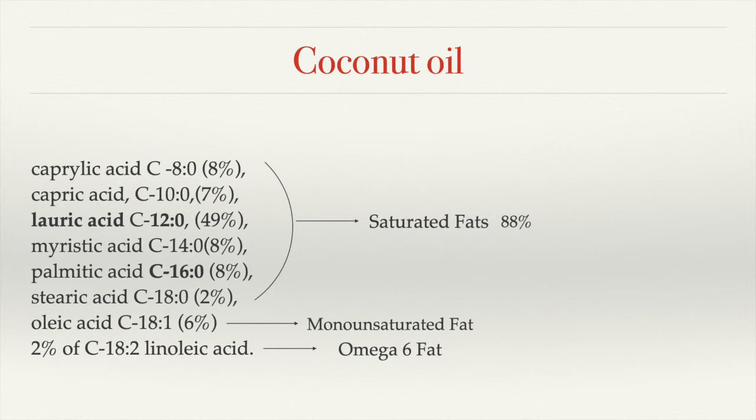Coconut oil. This is a slide showing the different kinds of saturated fats in coconut oil. Coconut oil is 88% saturated fats. Lauric acid is the main part of the saturated fat group at 49%. It does have some monounsaturated fat, but it doesn't have any omega-3 fats and very little omega-6 fats.